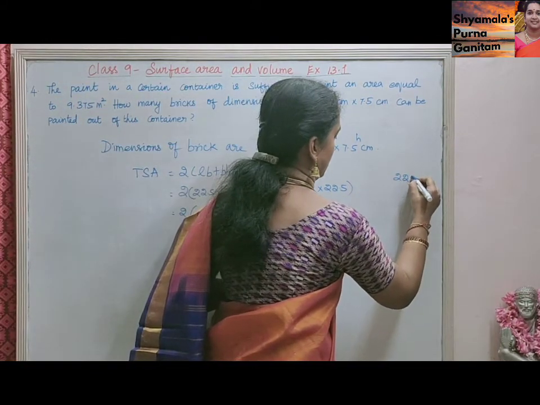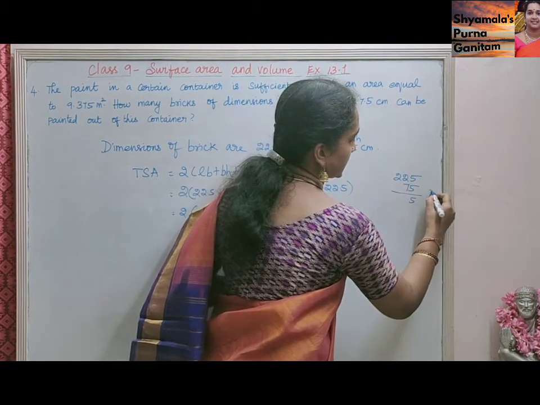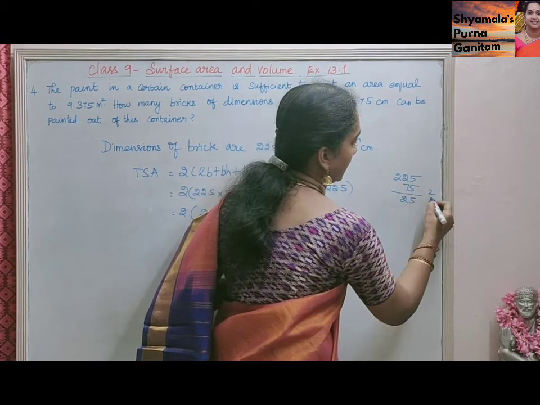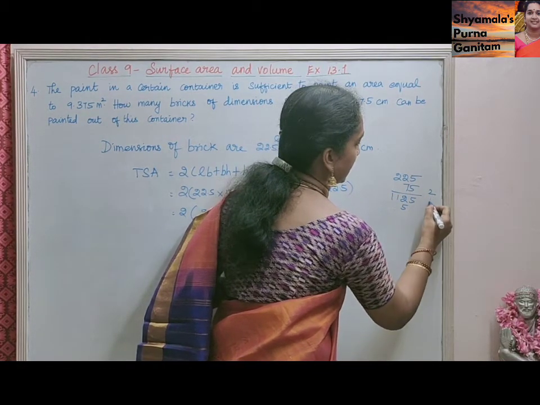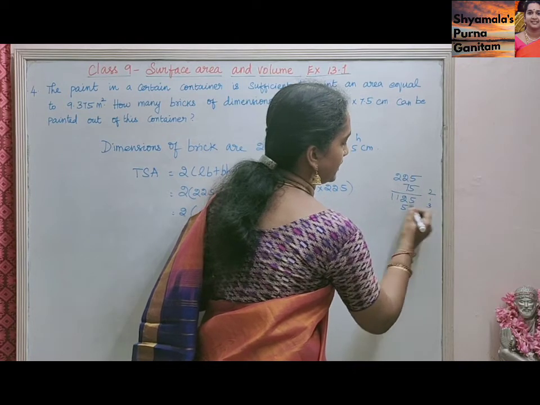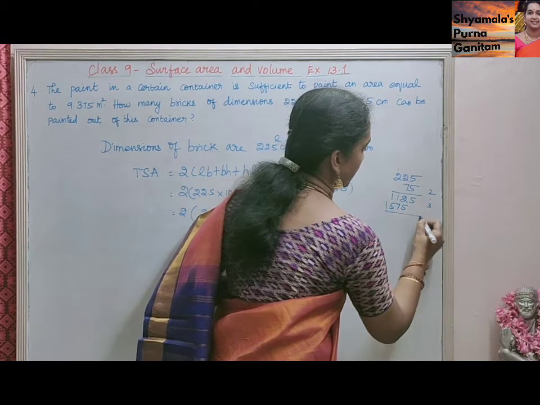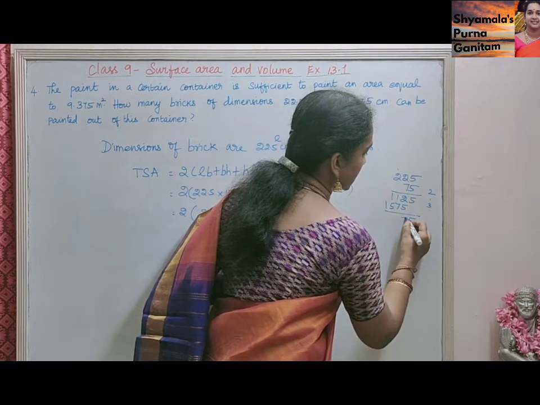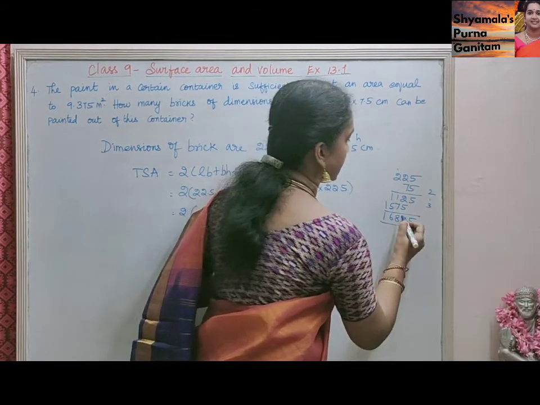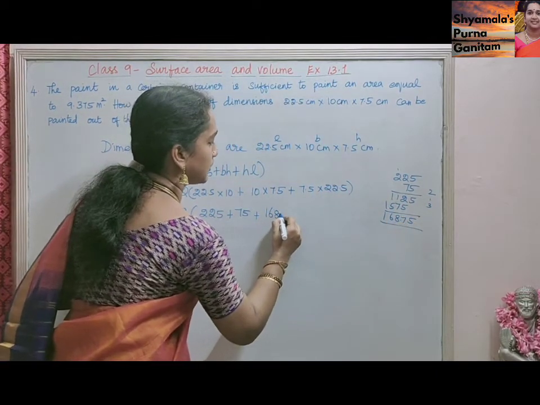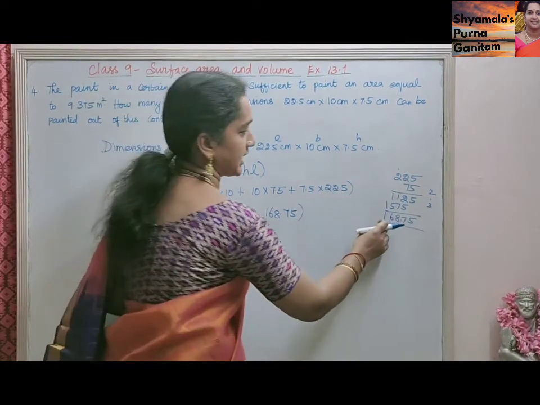7.5 into 22.5: 5 5s are 25, 5 2s are 10, 12, 5 2s are 10 plus 1, 11. 7 5s are 35, balance 3, 7 2s are 14, 14 plus 3 17, 7 2s are 14 plus 1, 15. So we'll get 168.75.